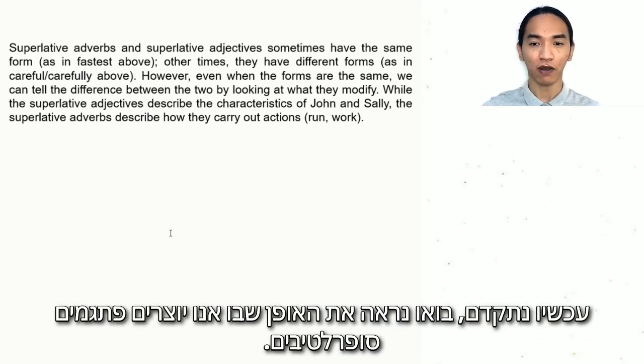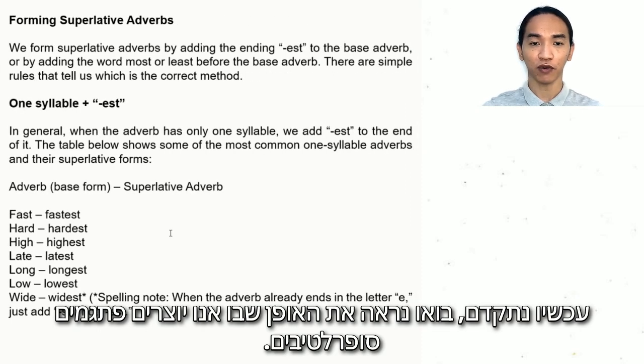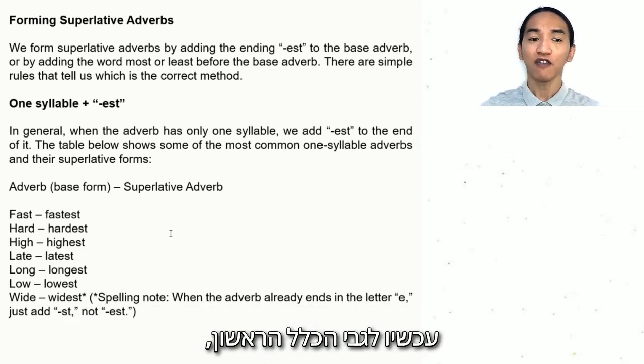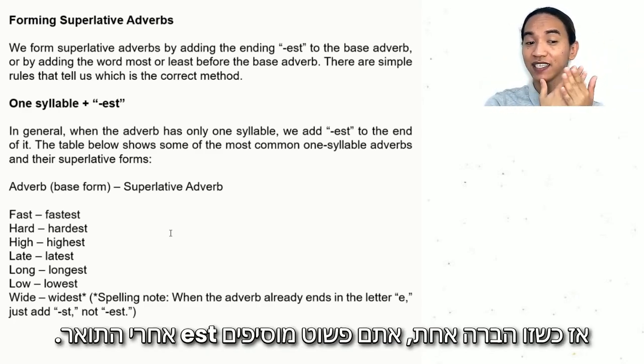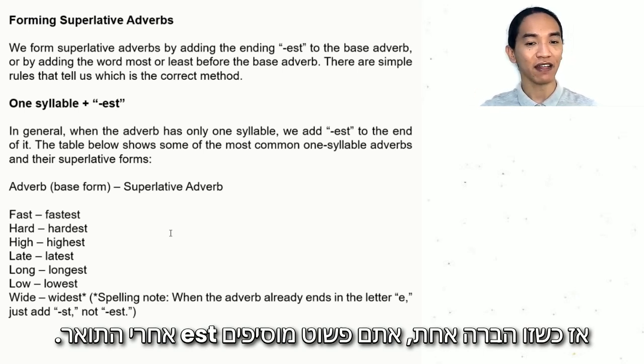Okay? Now, moving forward, let's see how we form superlative adverbs. Now, for the first rule, one syllable adverb, you just add est. So when it is one syllable, you just add est after the adverb.